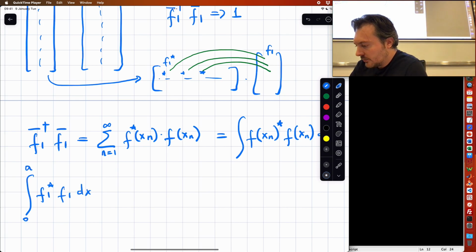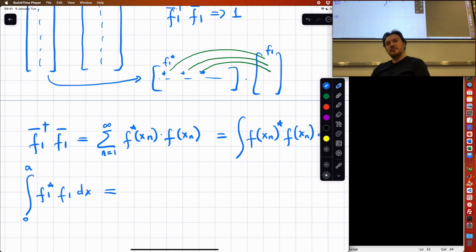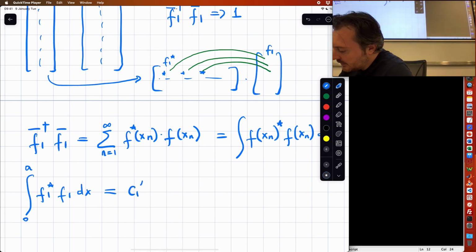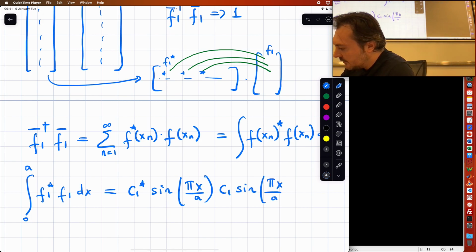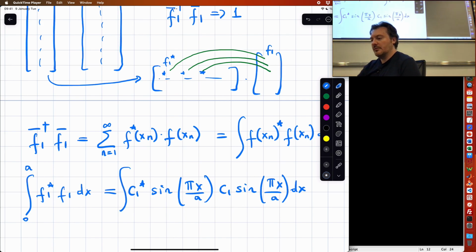Let's see where it goes. Just bear with me, we will go somewhere. So c1 star sine pi x over a times c1 times sine pi x over a dx, integral from 0 to a.